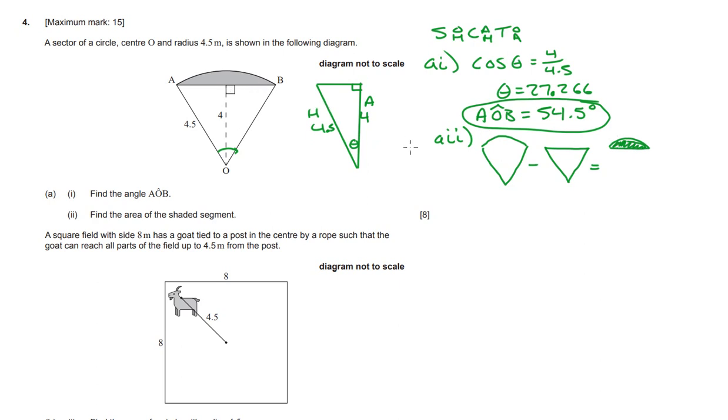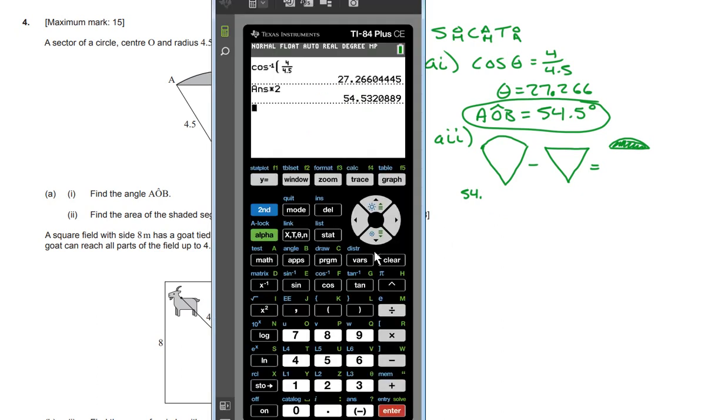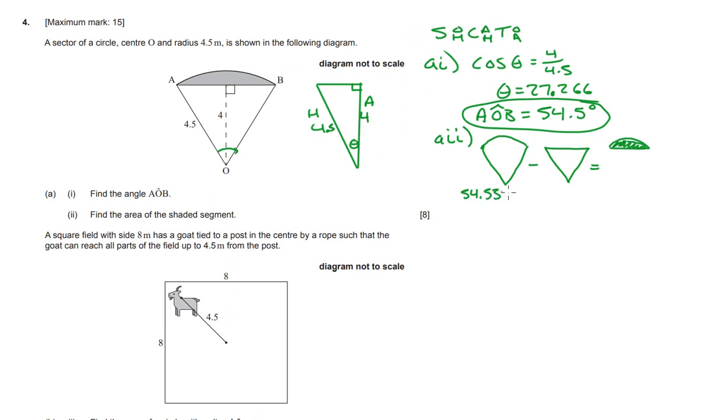Okay, so what we need to do is use the area of a sector formula, which is the angle, which we just figured out is 54.5, but I'm going to really write it as 54.5321 over 360 times the area of a circle, so it's going to be pi r squared, right?